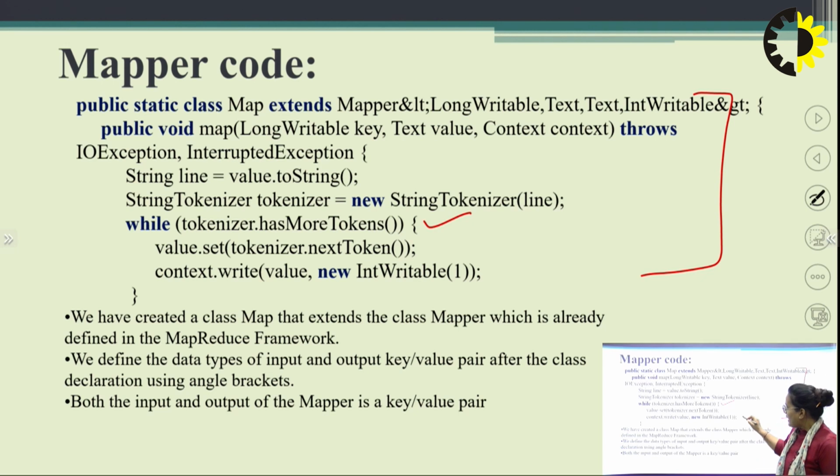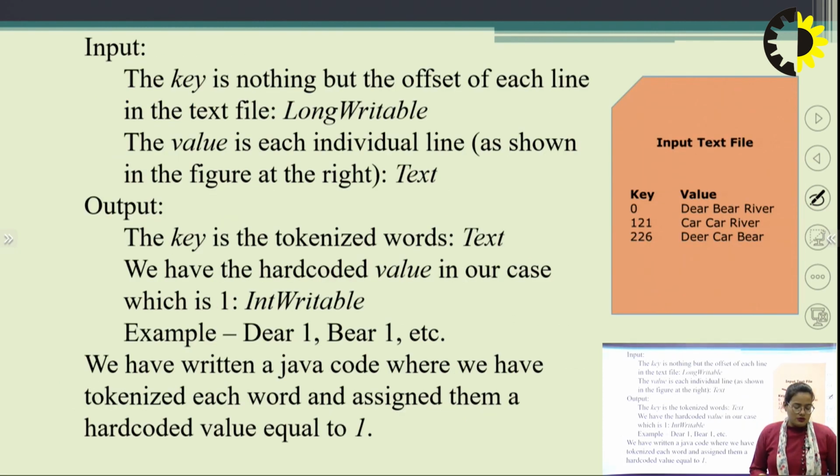Now in the last line, context.write(value, new IntWritable(1)). We assign a value to every token. We discussed in our example, beer comma 1, car comma 1. That will be the output of this class. The key is nothing but the offset of each line in the text file.